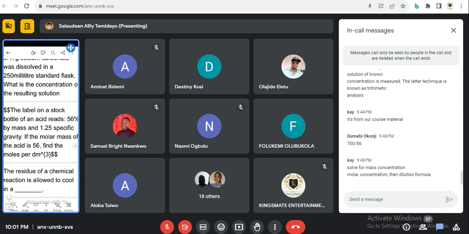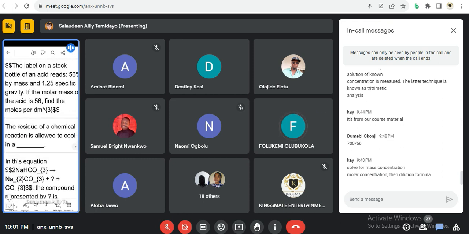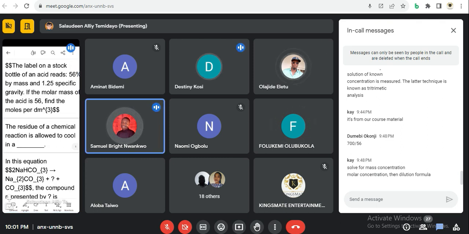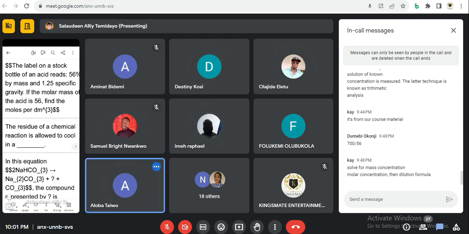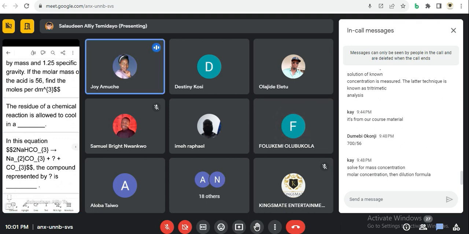We've calculated the moles per dm³ before. The residue of a chemical reaction is allowed to cool in a desiccator. Desiccator, thank you. I think you jumped one question or left it like that.